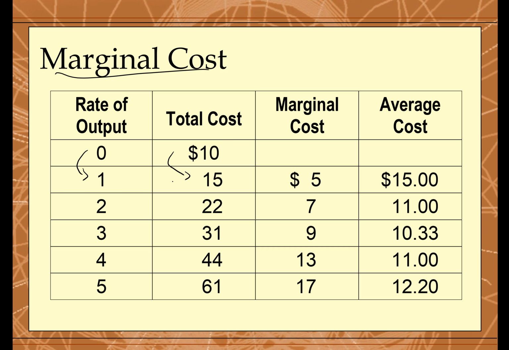When you go from 1 to 2, the change in total cost is 15 to 22, and that change is 7. Every time we increase output by 1, total cost changes. We're just looking at the difference, and that's marginal cost.